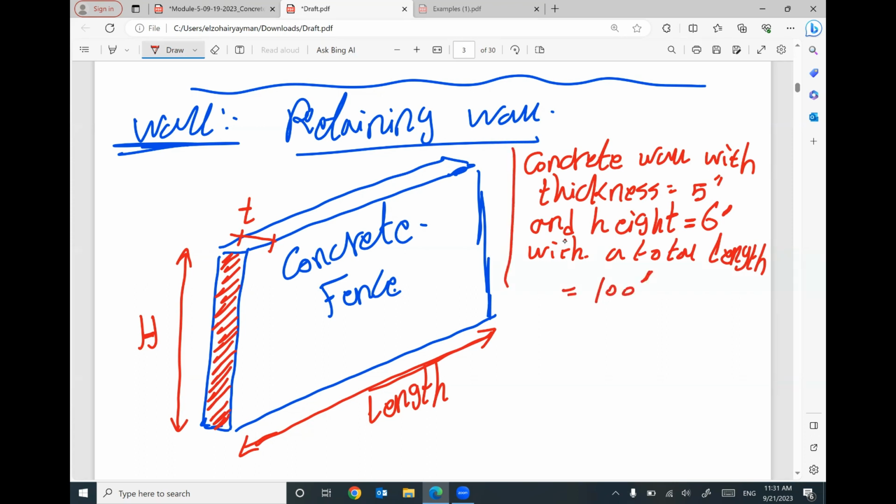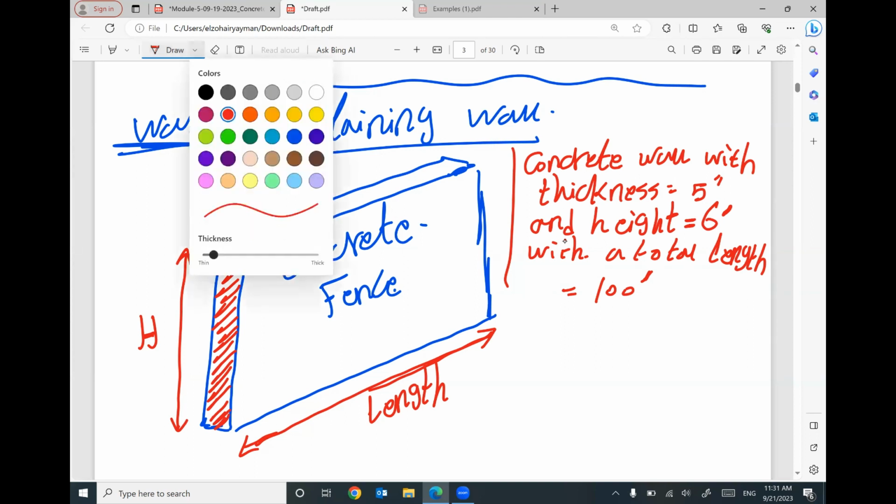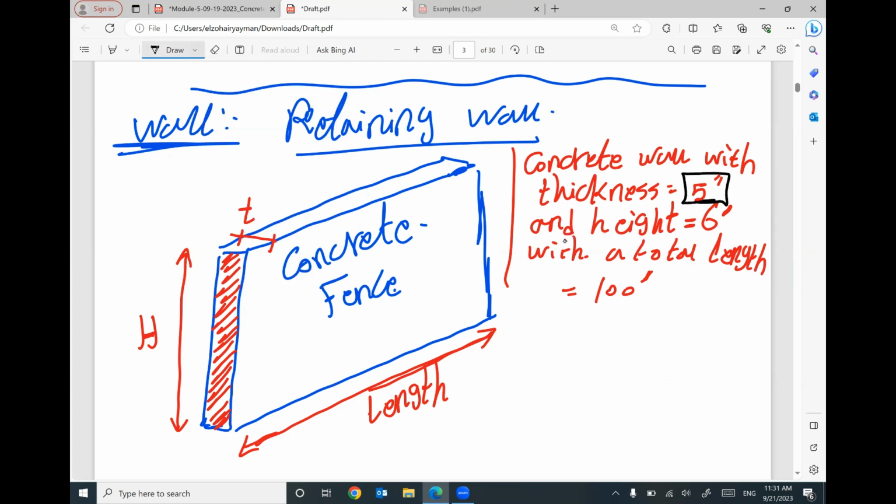So you have to understand what this information means. The thickness of your wall is this one, 5 inch. The height of your wall is this one, 6 feet. The total length of your wall is this one, 100 feet.